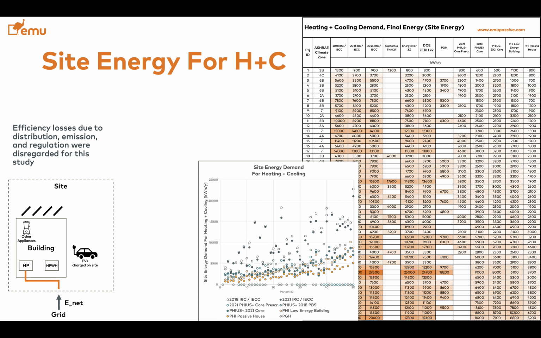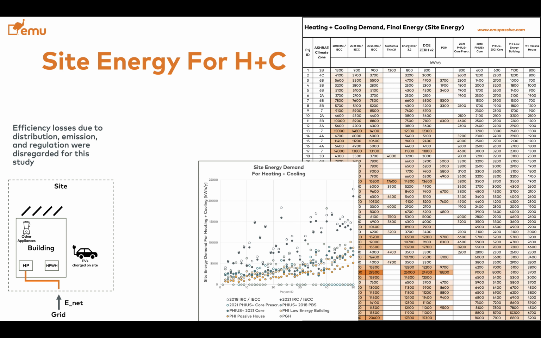On the x-axis at the bottom, we have the projects that we modeled, number 1 to 15. You see the bubbles that are at 0 is because the standard did not have any requirements for that climate, so we eliminated those.